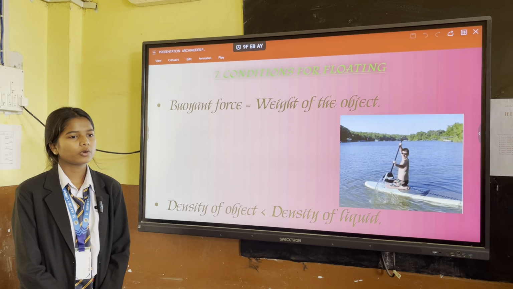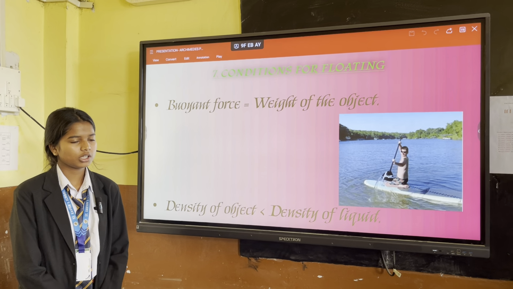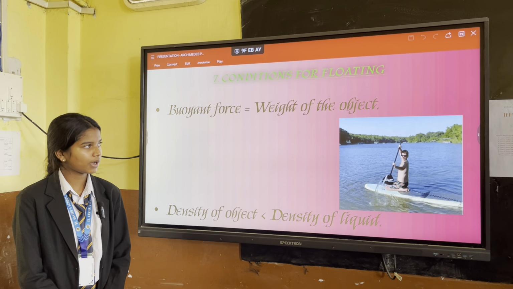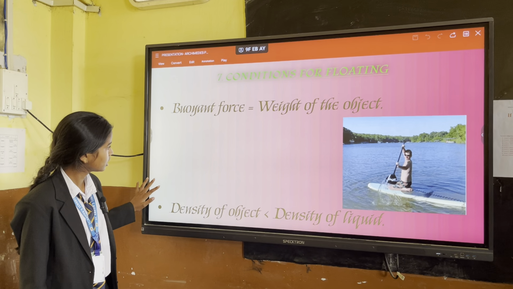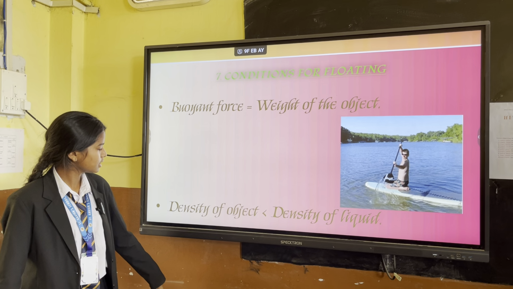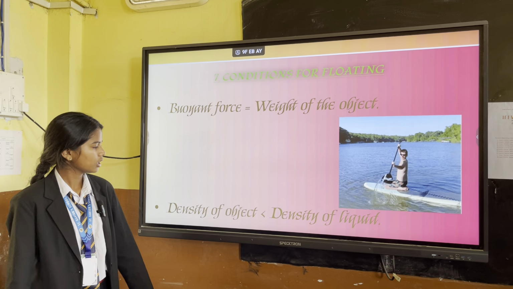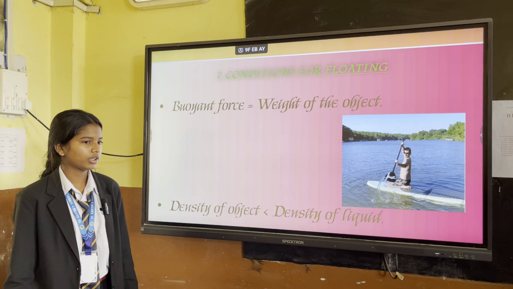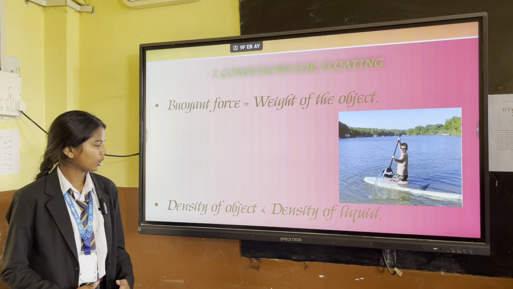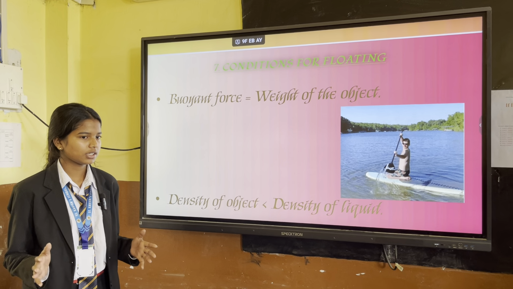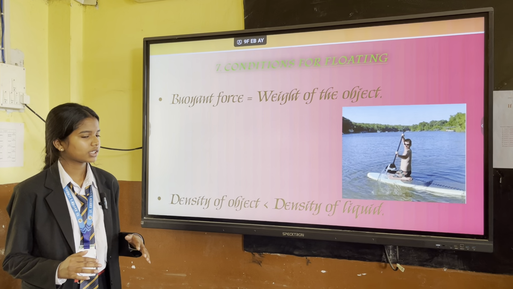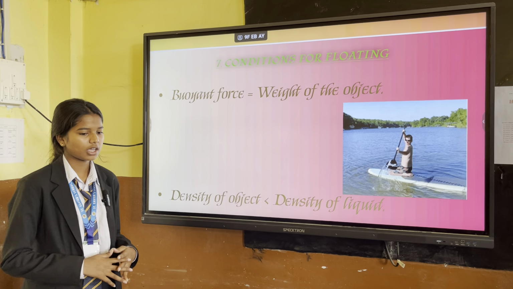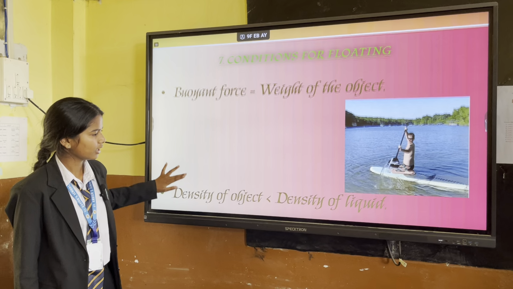Like when a boat is floating, the weight of the liquid displaced by the submerged part of the boat is equal to the weight of the boat. And next is, density of the object is less than density of the liquid. It means when the density of the object is less than the density of the liquid, the object floats in water, as she explained with wood in water.